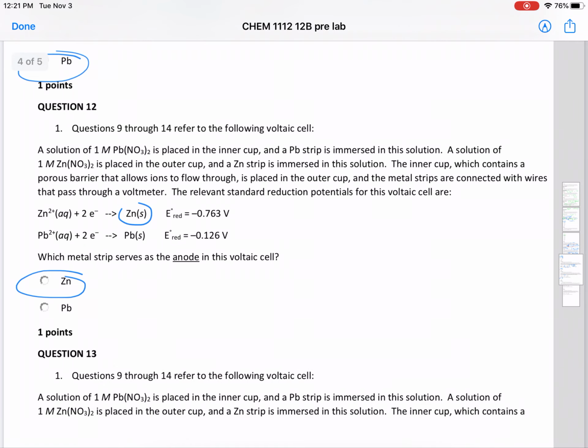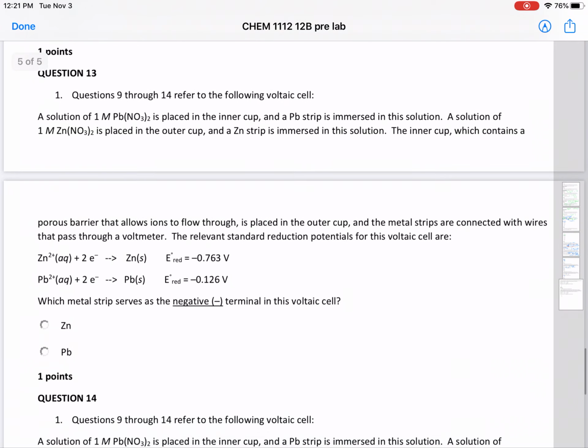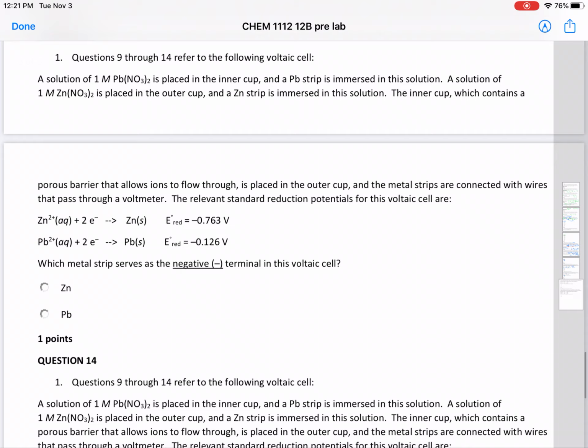And then the next one, same question. Which metal strip serves as the negative terminal in the voltaic cell? Normally, the negative terminal is where the oxidation takes place, because that is where the electrons are being generated. Oxidation means the metal is losing electrons and you are generating electrons, so that is the negative electrode.